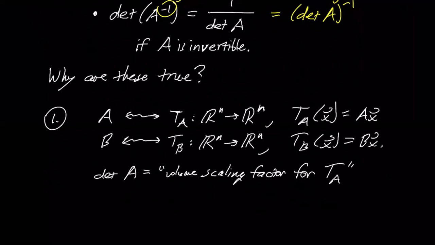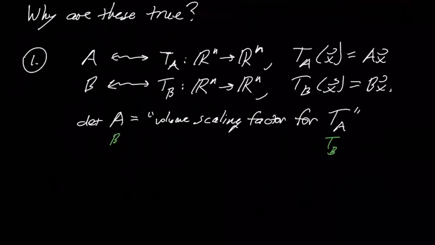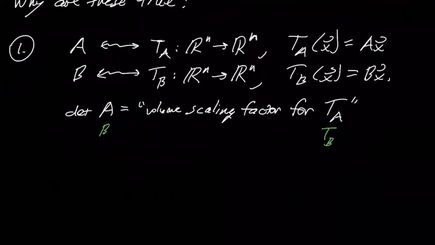And same thing for T sub B. I could put a B here and it doesn't affect anything. And so now if we think about A times B, well, A times B is the matrix for, we actually use this to define matrix multiplication.